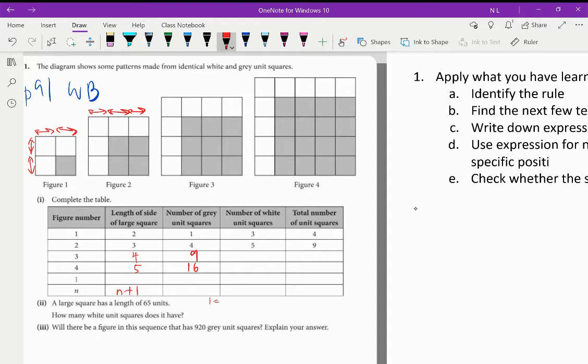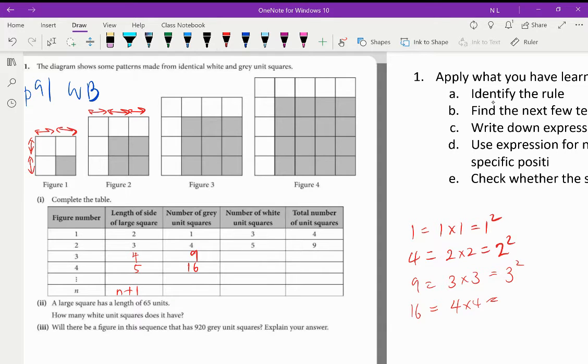So 1 equals 1 times 1, which is 1 square. 4 equals 2 times 2, which is 2 square. 9 equals 3 times 3, which is 3 square. 16 equals 4 times 4, which is 4 square.